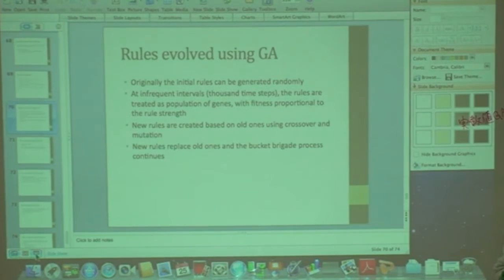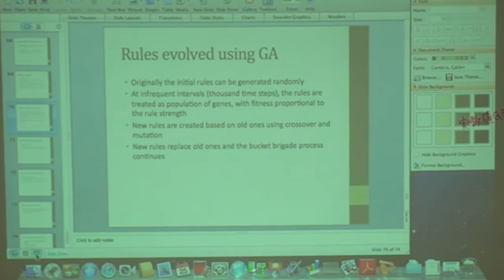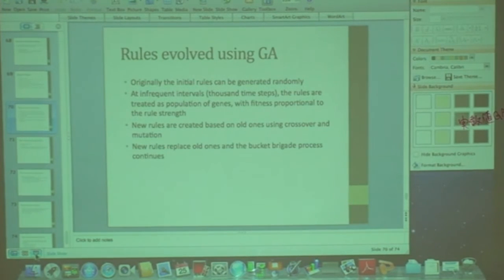If there is no mutation, we have to have a large number of initial parents to run the GA to get a better solution, to have the diversity.